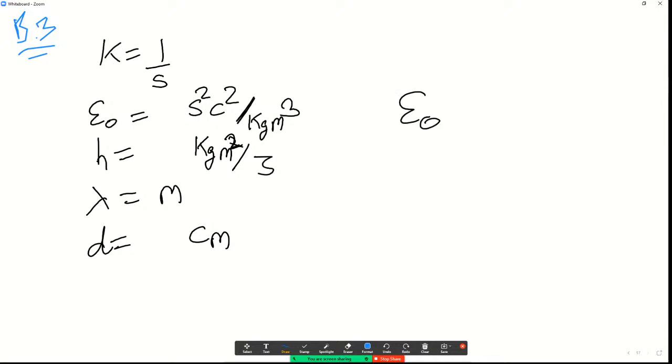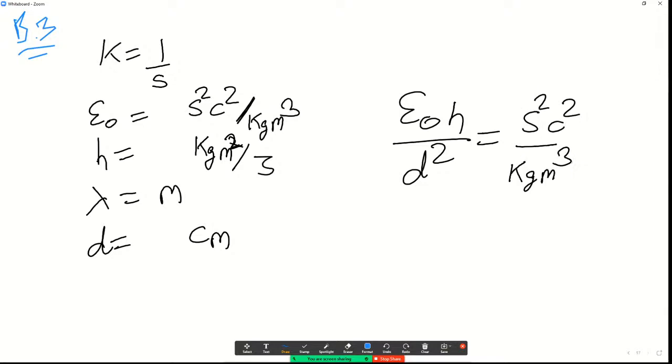So I have epsilon naught h over d square. That is epsilon naught is S square C square by kg meter cube, and H is kg meter square over second, and D square is C square M square. So M square gets cancelled out, C square gets cancelled out.